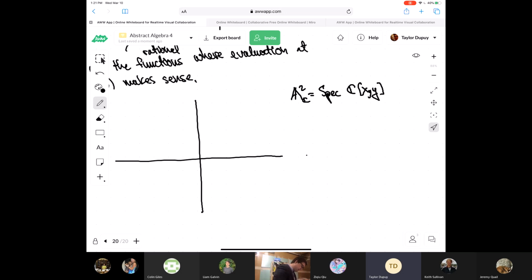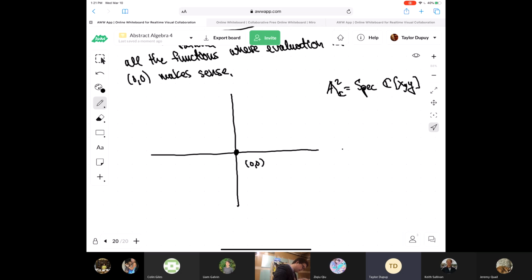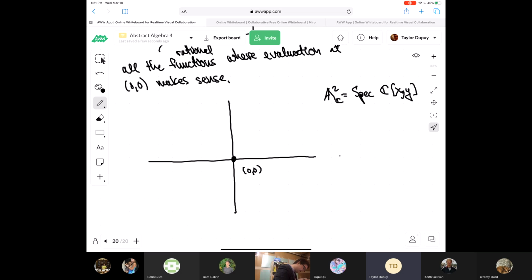Then we have the point that corresponds to the prime ideal, that's (0,0). And then the Spec of C[x,y] localized at (x,y) is kind of like a neighborhood here.